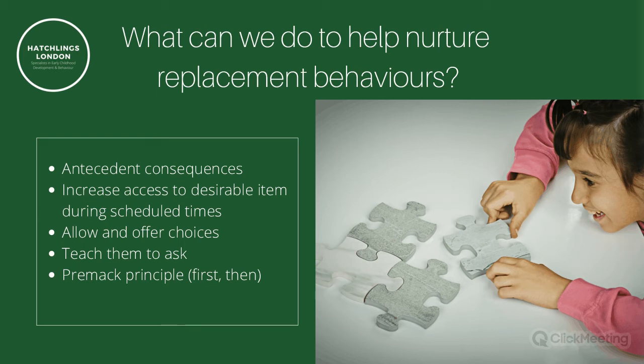We can allow and offer choices, which gives the child a little bit more control over the decision-making process. And we can teach a child to ask rather than to take, if that's the scenario. And we can use the Premack Principle, or Grandma's Law, which is the first then, which I will also go over in a minute.